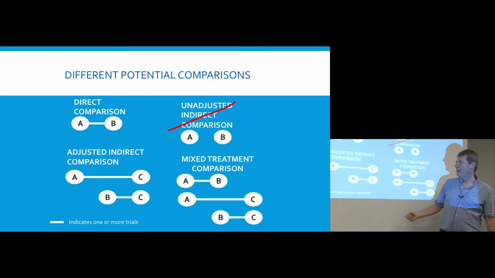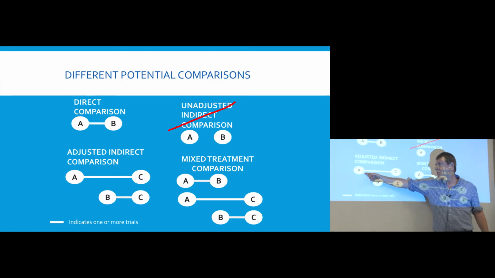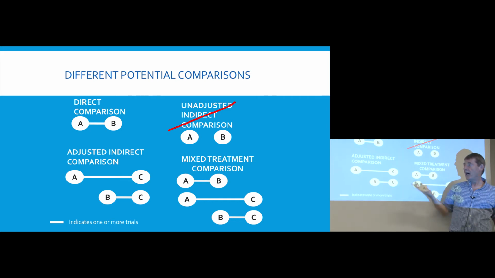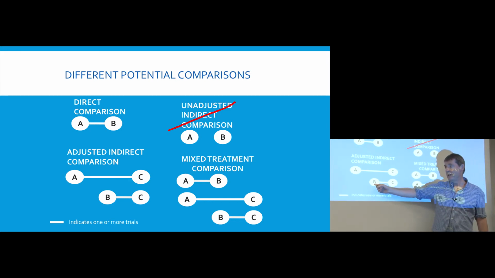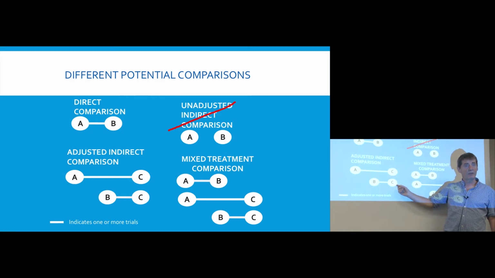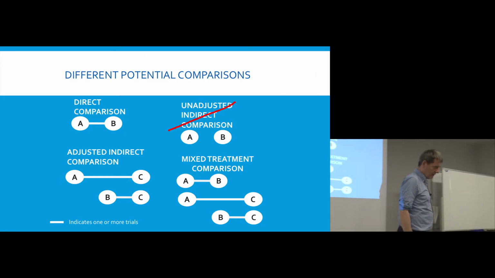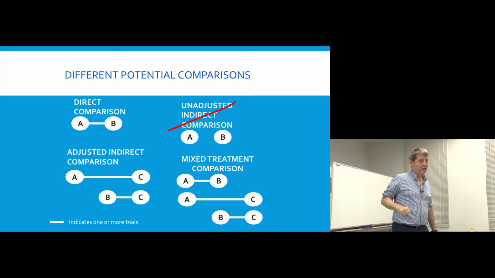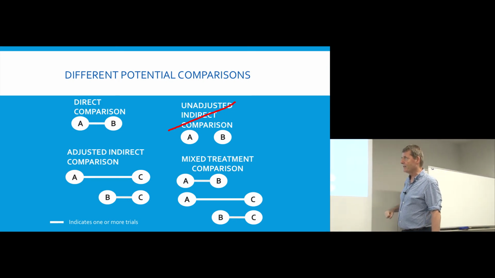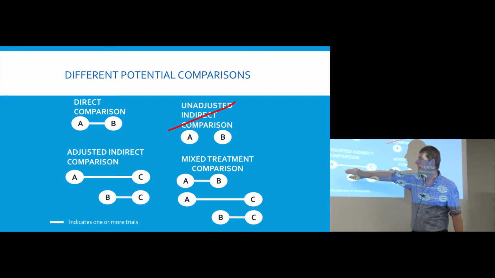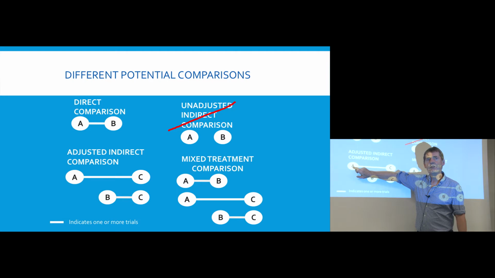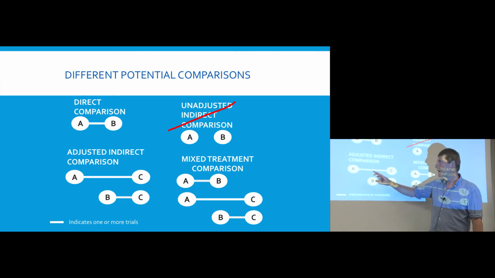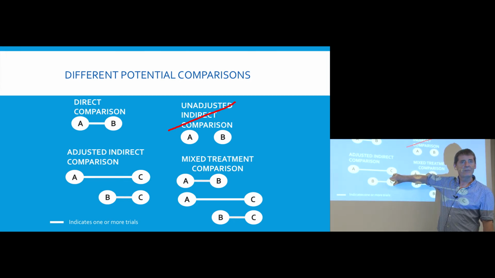So you may have a trial that compares treatment A with treatment C, and another trial that compares treatment B with treatment C. And because the two trials have a C arm in common, the argument is that by comparing how much better A is than C with how much better B is than C, we can then make the comparison between A and B, because they have a common comparator.